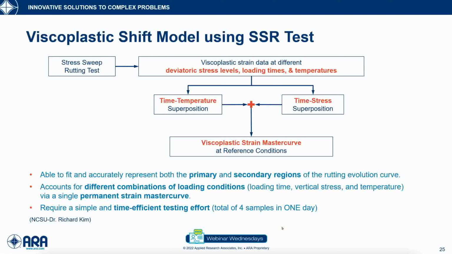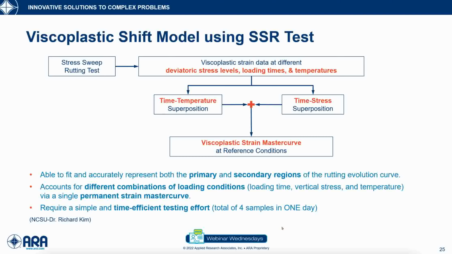Now, the viscoplastic shift model that we're going to use in the FlexPave software, our mechanistic analysis, utilizes the SSR test, or the stress sweep rutting test, which we'll be talking about later. And that test is conducted for various theoretic stress levels, various loading times, various temperatures, and we obtain the viscoplastic strain data at these different conditions.